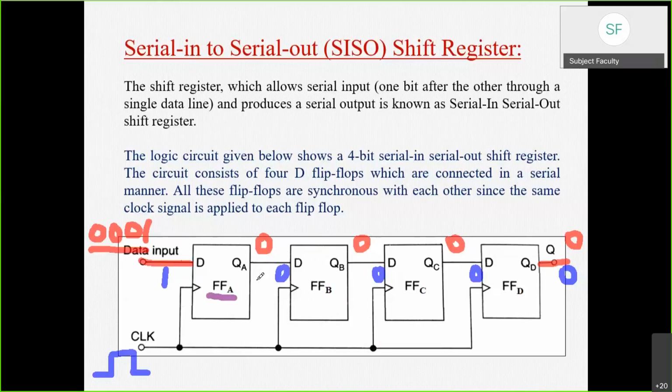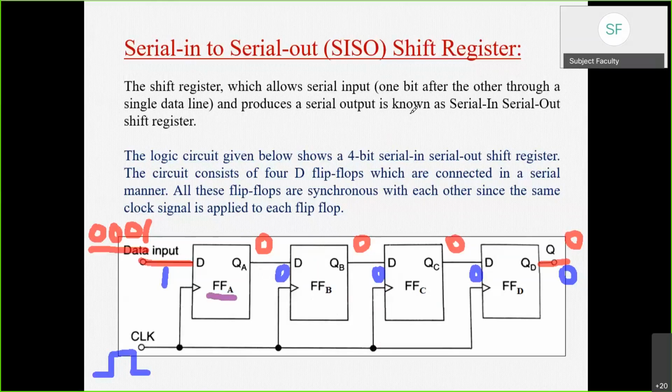Equals to 1. What will be the output of a D flip-flop? Just now I have told you that the working of a D flip-flop is very simple. When D equals 0, then output Q is 0.